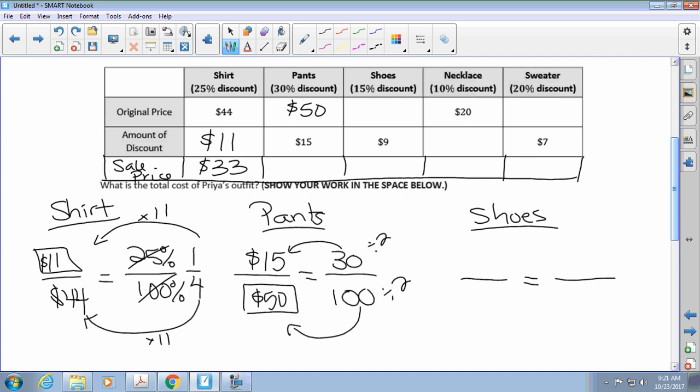So to find our sale price, what do we need to do, and what would we get? Sue-Ann? We've already done all that. So we know that something's $50. We know we're saving $15. What do we have to do to get the sale price?